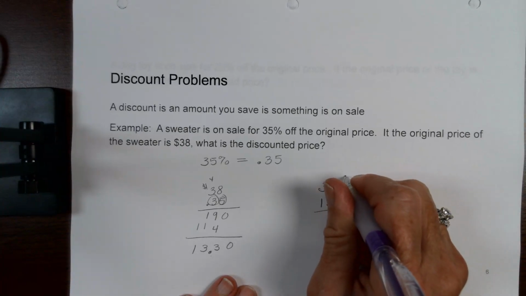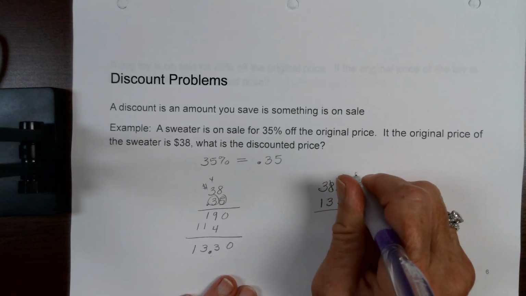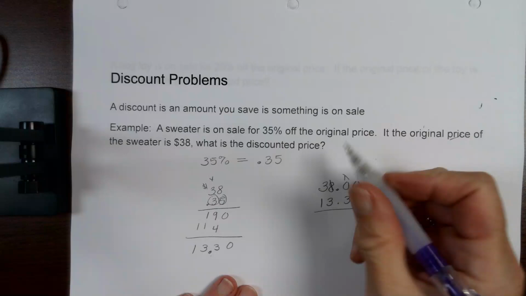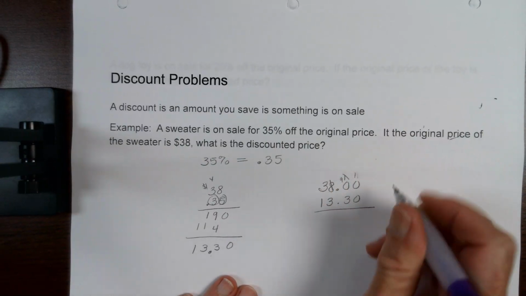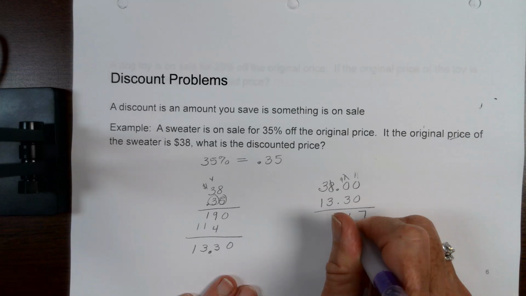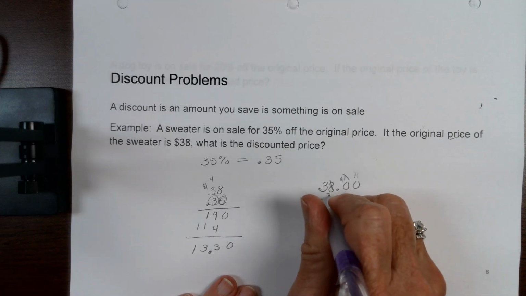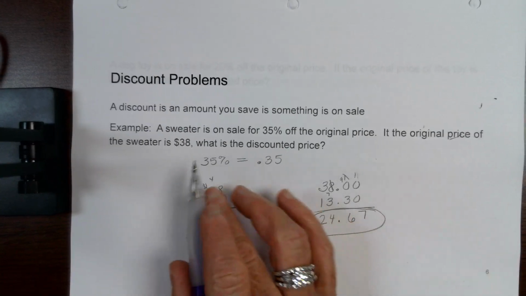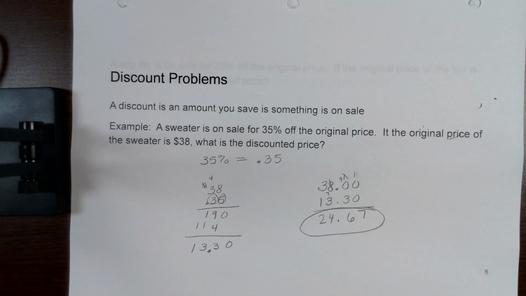I borrow, this becomes a 10, I borrow again, that becomes a 9 here, and this becomes a 10. So I have 7, I have 6, I have a 4, and I have a 2. So rather than paying $38 for this sweater, I'm going to pay $24.67 because it's on sale.